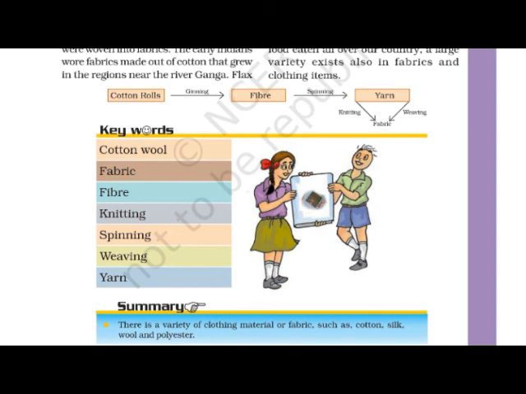Okay, so in this lesson we have seen more interesting things about fiber to fabric, the history and journey from fiber to fabric, how fabric is made from fiber and how fiber is obtained from yarn, the types of fibers such as natural fiber and synthetic fiber, then how natural fiber is obtained from plants such as cotton and jute, the process involved in obtaining fibers from cotton and jute, and spinning cotton yarn.